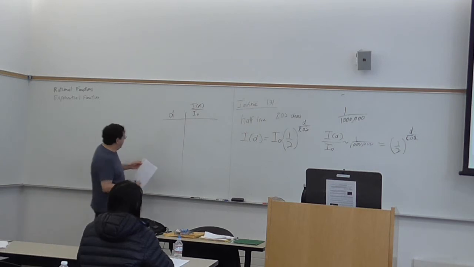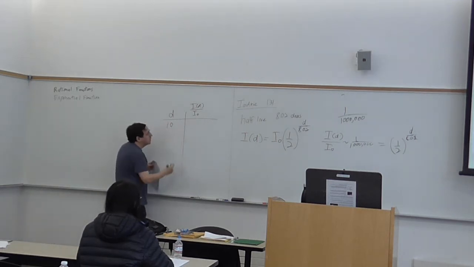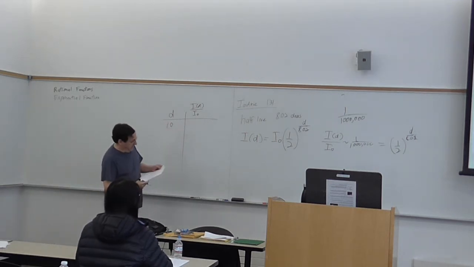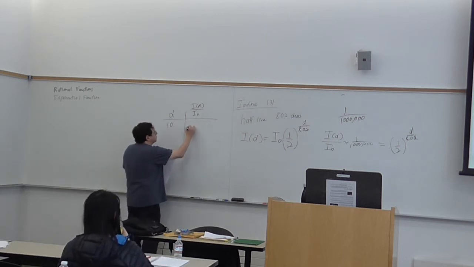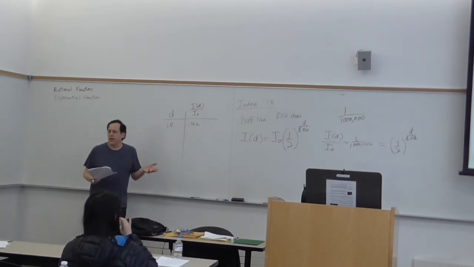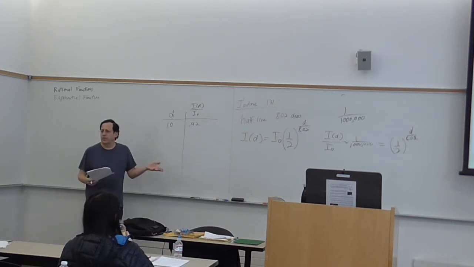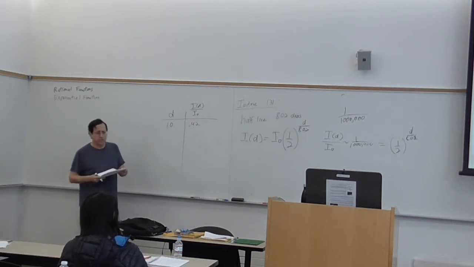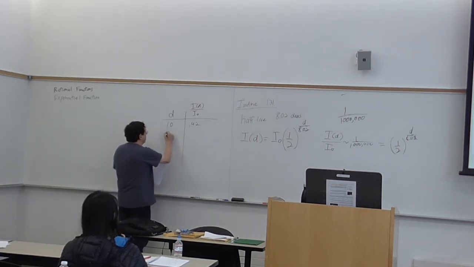So if I plug in 10, I get about 0.42. That makes sense. A little more than a half-life, you're a little more than half gone. So that's not enough, right? Let's go a little further.